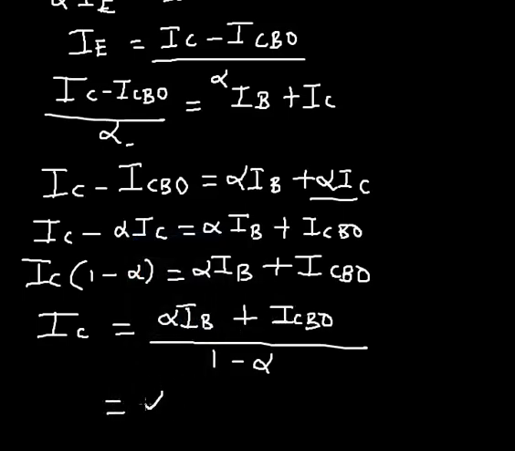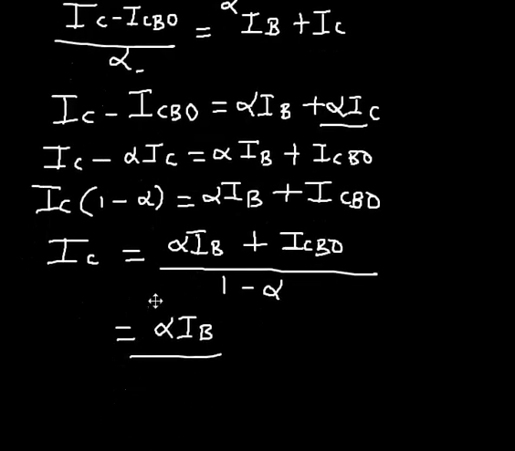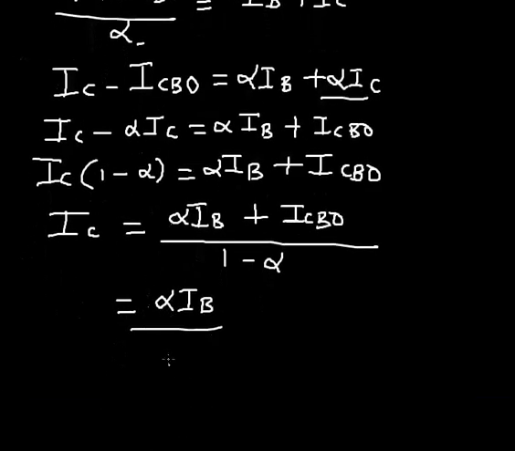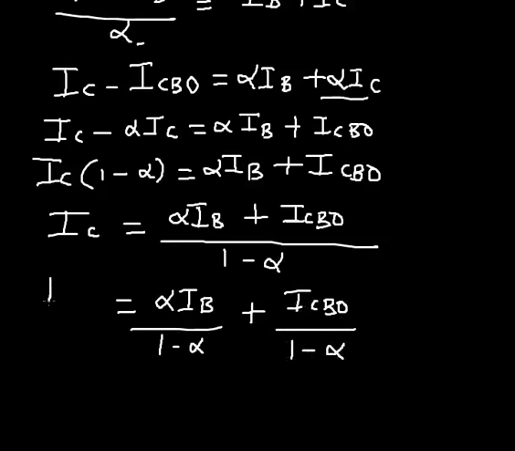I'm going to have alpha IB over 1 minus alpha, plus ICBO divided by 1 minus alpha. So that is my collector current.